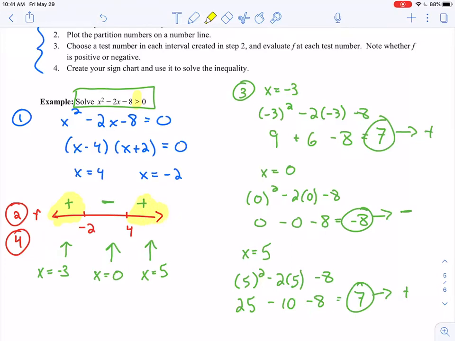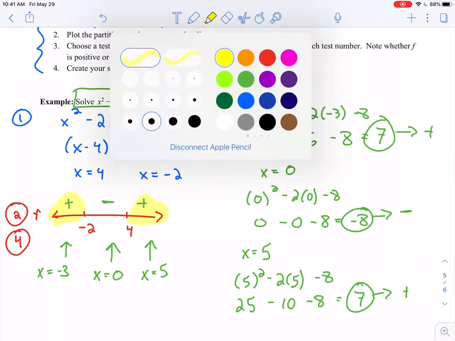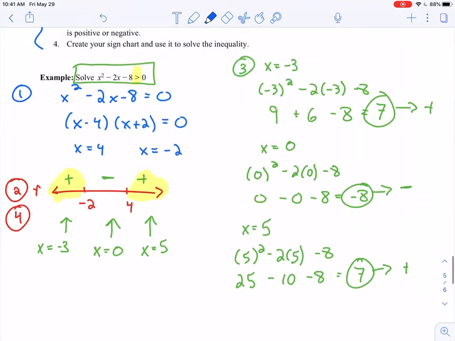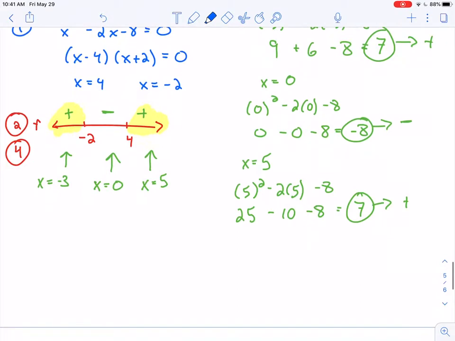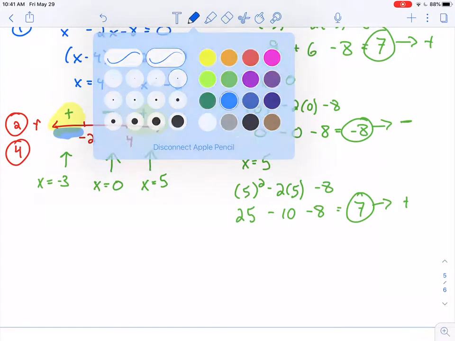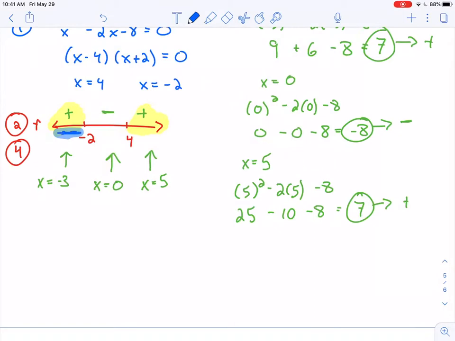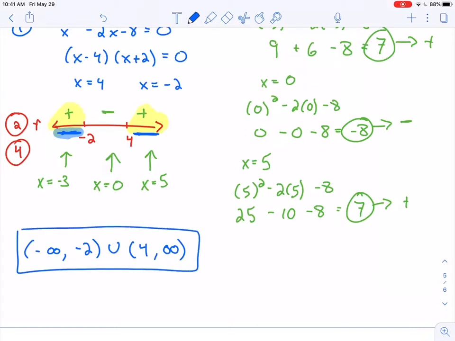So the solutions to this inequality would be anything that falls in those intervals. My solutions here would be this interval right here, -infinity to -2, and then this interval over here, union 4 to positive infinity. Those are my solutions. It's anywhere that satisfies the inequality.